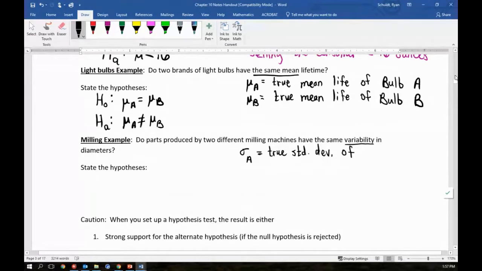True standard deviation of, let's see, machine, let's just call it machine A. Then sigma B is the true standard deviation of machine B.